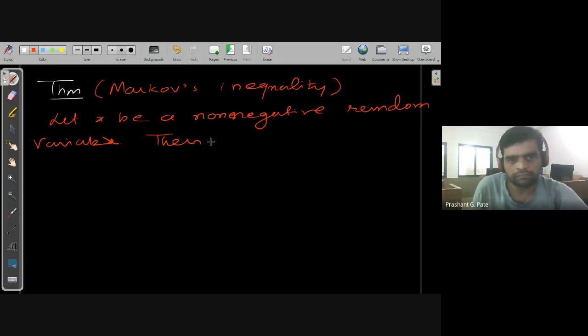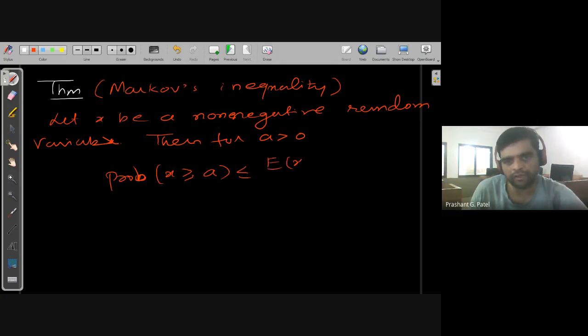Then for a greater than 0, the probability of X greater than or equal to a is less than or equal to the expected value of X upon a.